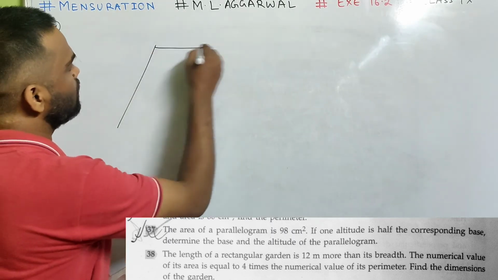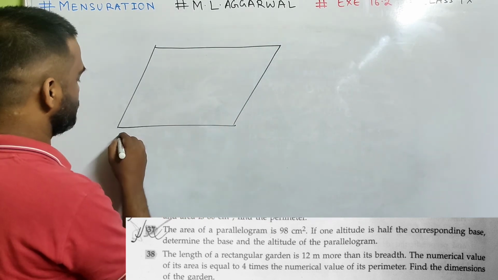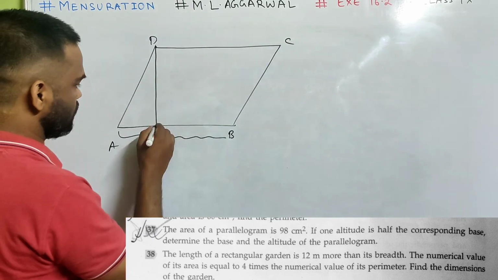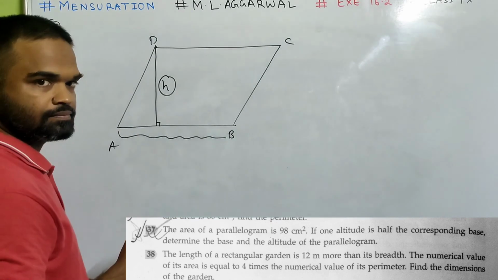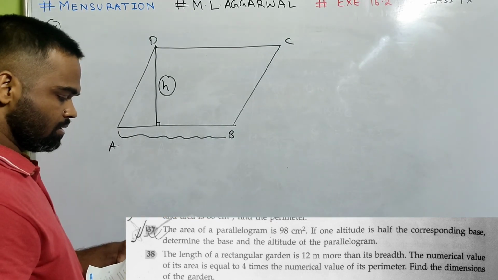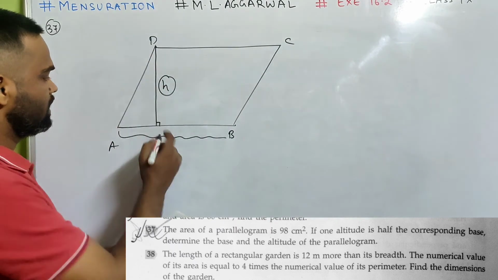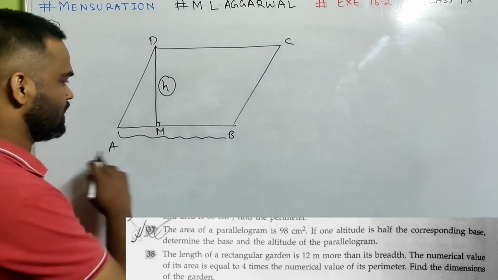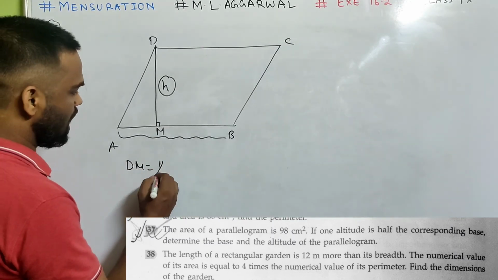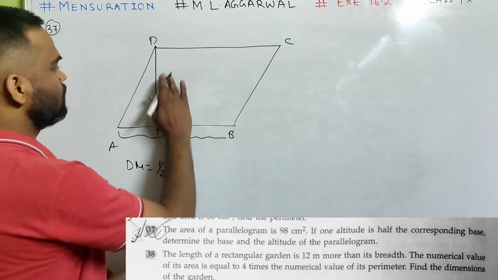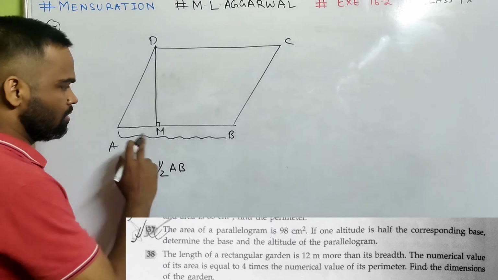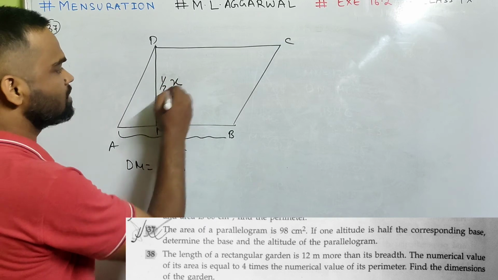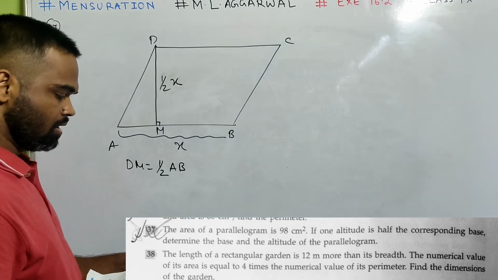Which means if this is your parallelogram ABCD, suppose this is your base, and corresponding to the base, this is your height H. Then what they have given, if one altitude DM is the altitude corresponding to the base AB, if one altitude is half the corresponding base, which means DM is half of AB, don't take it as x. DM is the altitude on this base AB, then DM is half AB. So if AB is x, this is half x. Yes or no?